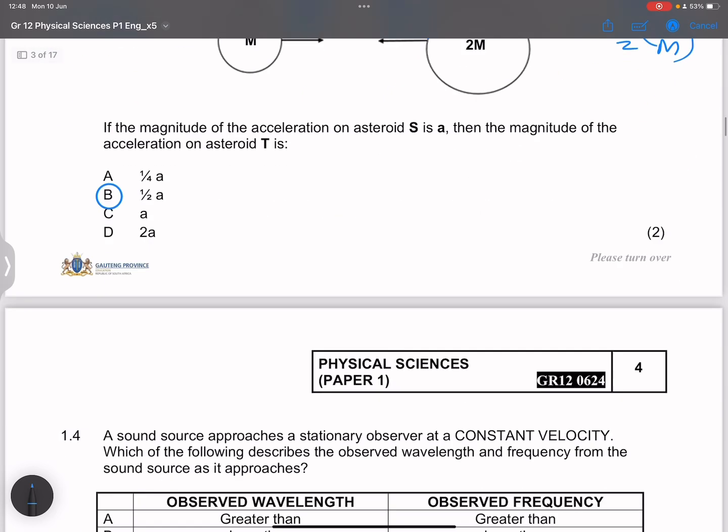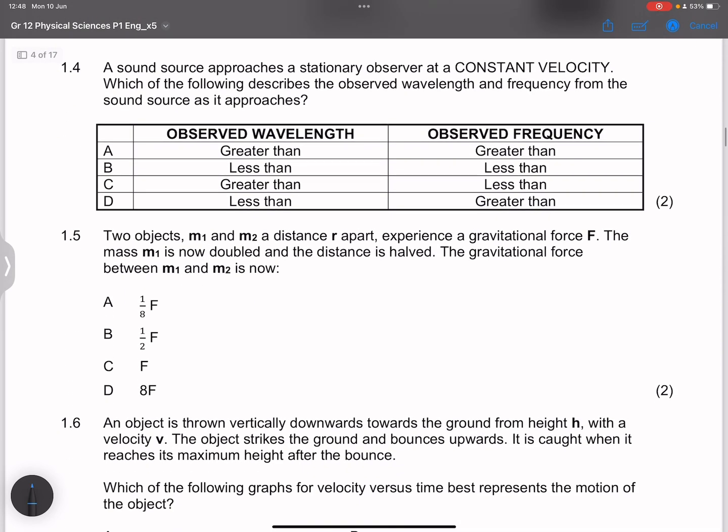The next question. A sound source approaches a stationary observer at constant velocity, very important. Which one of the following describes the observed wavelength and frequency? Note they said approaches, meaning the sound source is moving towards the stationary observer.